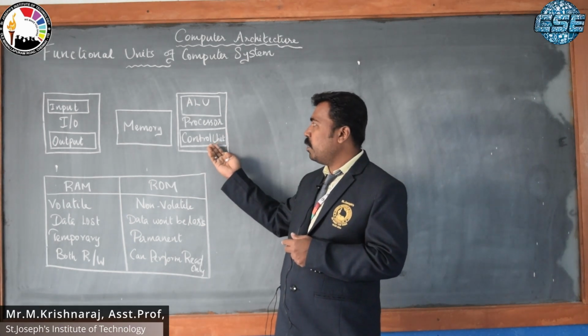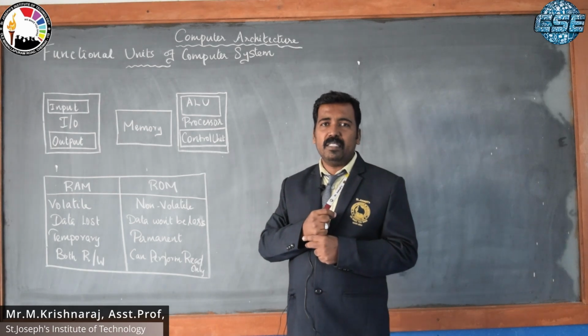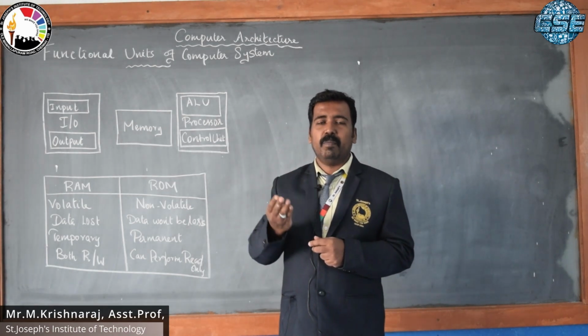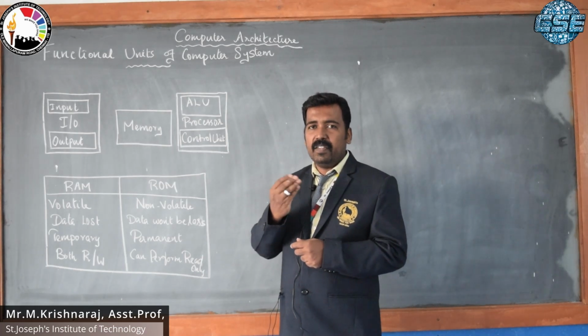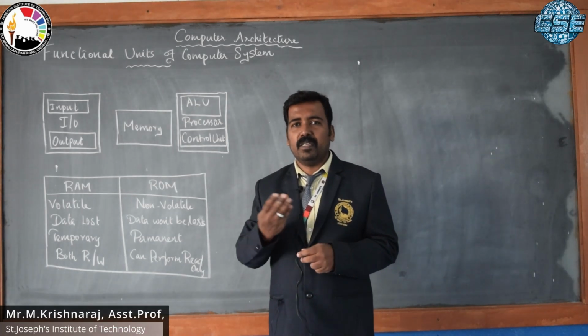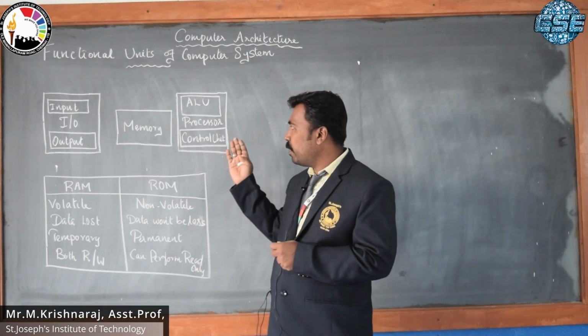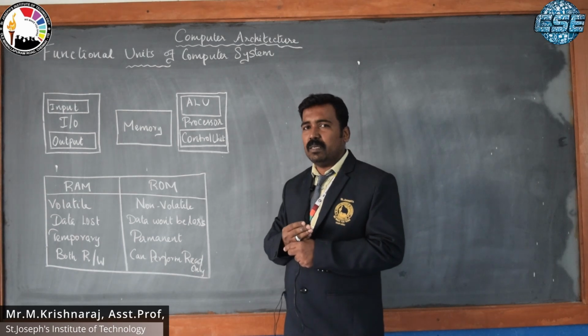Moreover, the control unit decides what kind of operation needs to be performed, like input, or an arithmetic logic operation, or an output operation. It identifies the operation and informs the CPU.